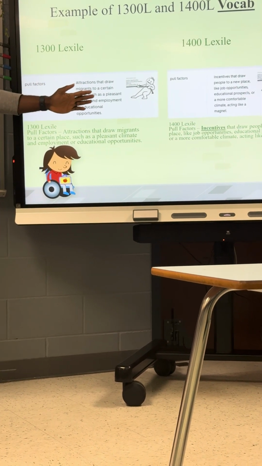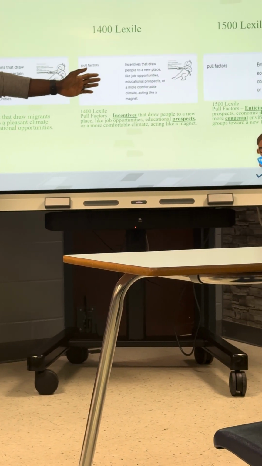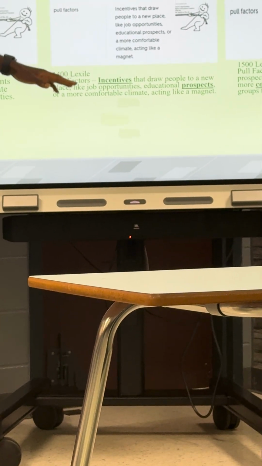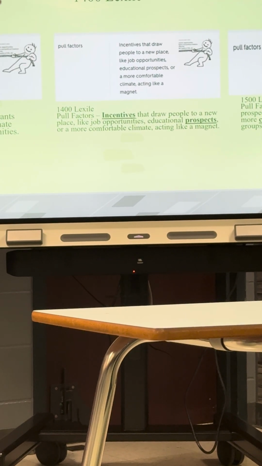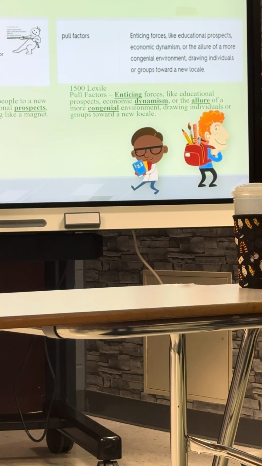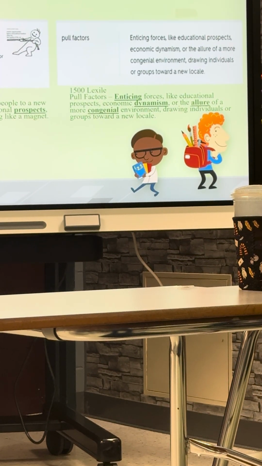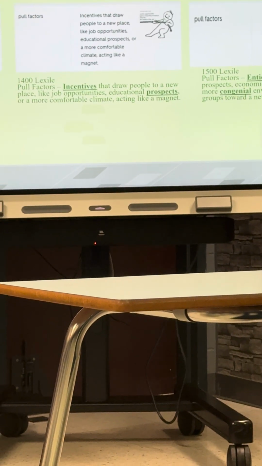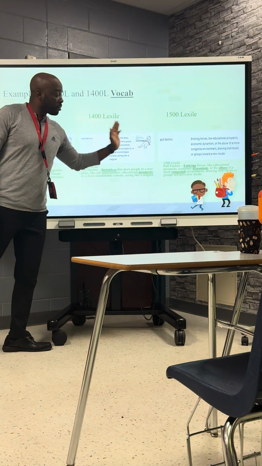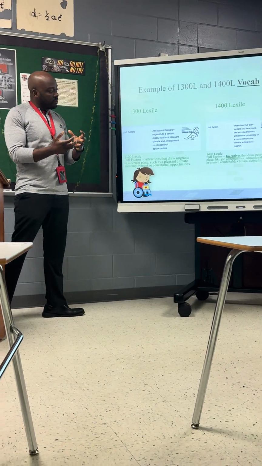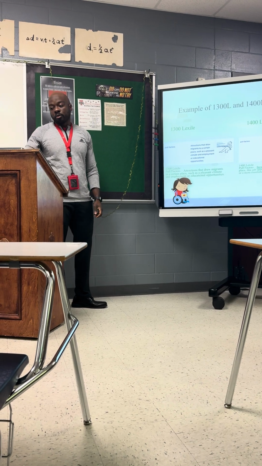But with the 1400 lexile level, it increased the rigor by changing some of the verbiage to intensive prospects. And for the 1500 lexile level, now you have harder words like enticing, dynamism, alluring, congenial. You can tell from how the term and definition advanced that the vocabulary and the definition have increased in rigor.